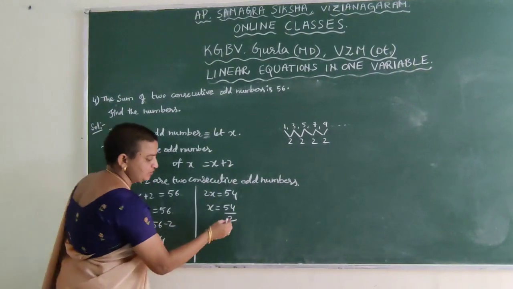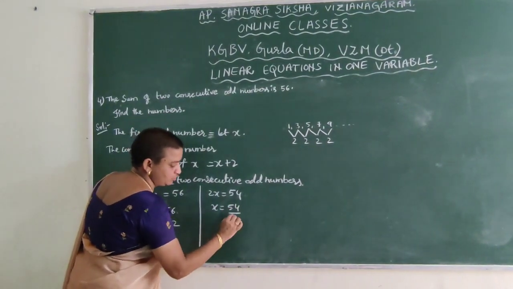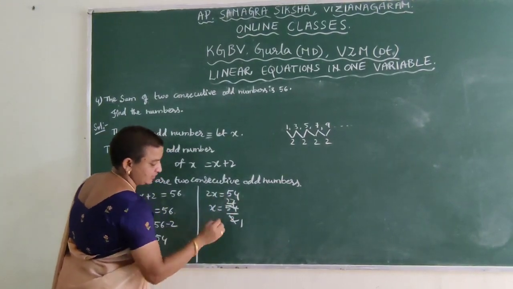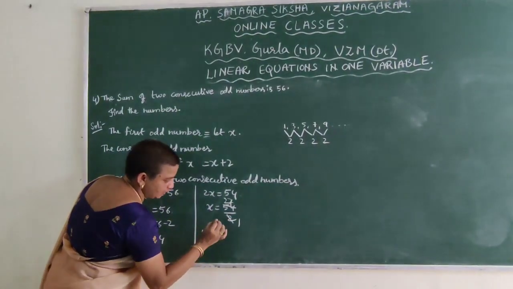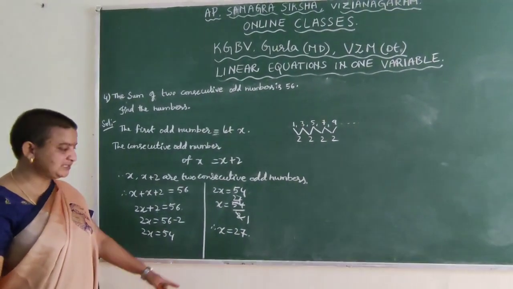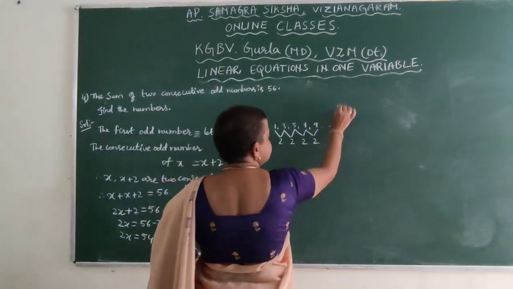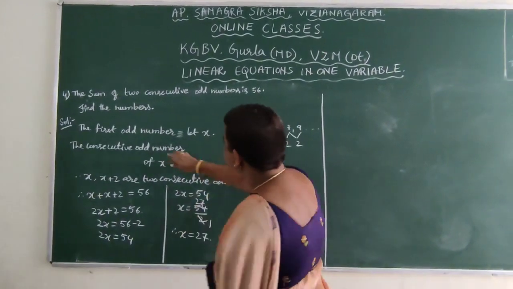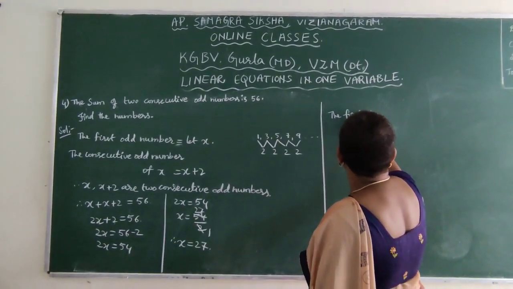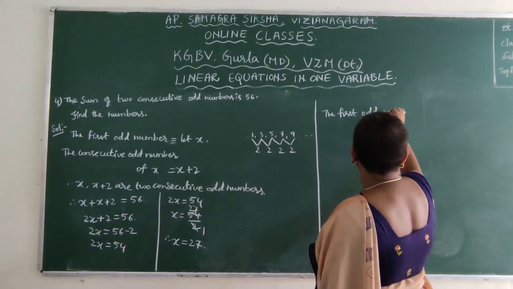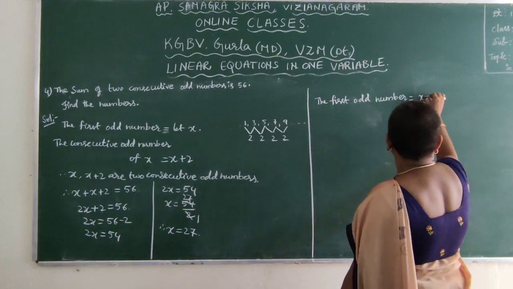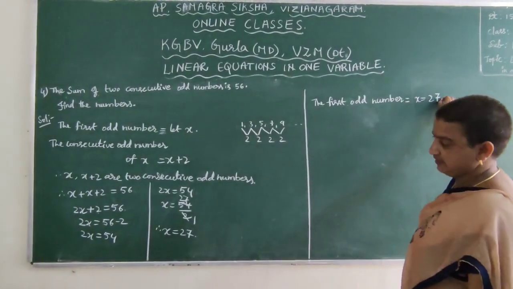If we divide 54 by 2, the value of x is 27. x means the first odd number, so the first odd number is 27.